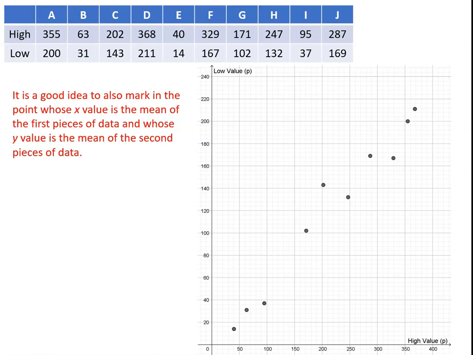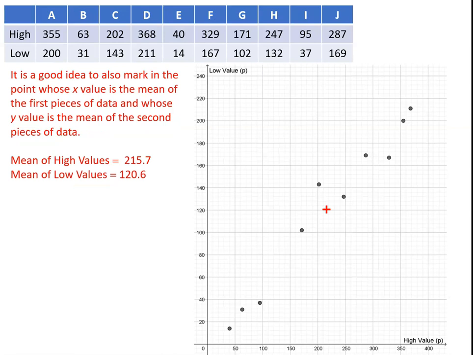The mean of the x values is easily calculated by adding up all of the highs. So the mean of the high values is 215.7 and the mean of the y values, in other words the mean of the lows, is 120.6. So we add to the diagram the point whose coordinates are 215.7, 120.6.